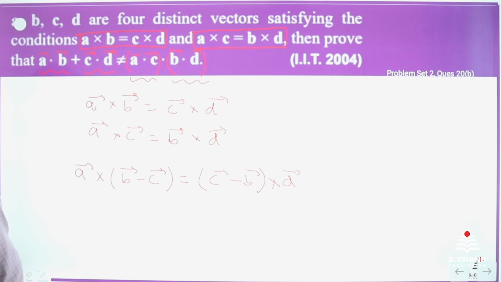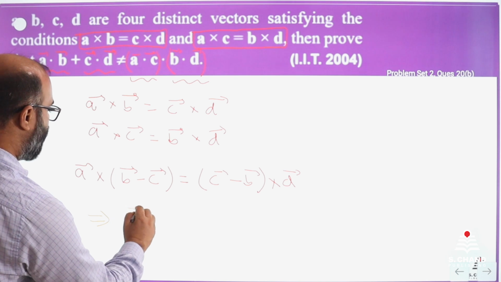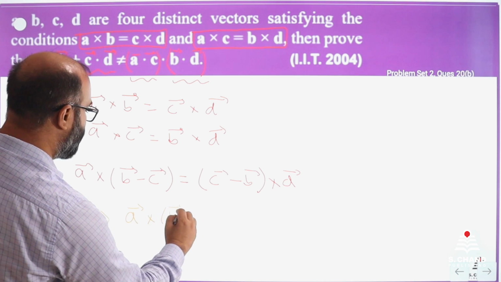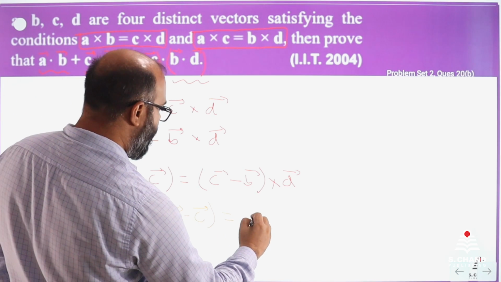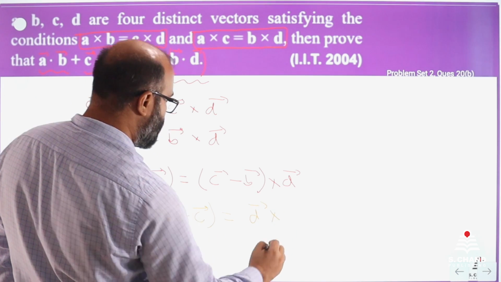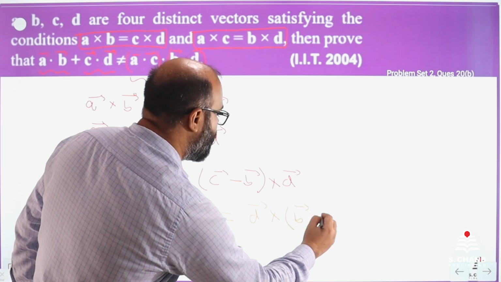So I'm subtracting 1 minus 2. Now if we write it further, a cross (b minus c) is equal to, this will become d cross (c minus b) with a negative sign, so it will become d cross (b minus c).